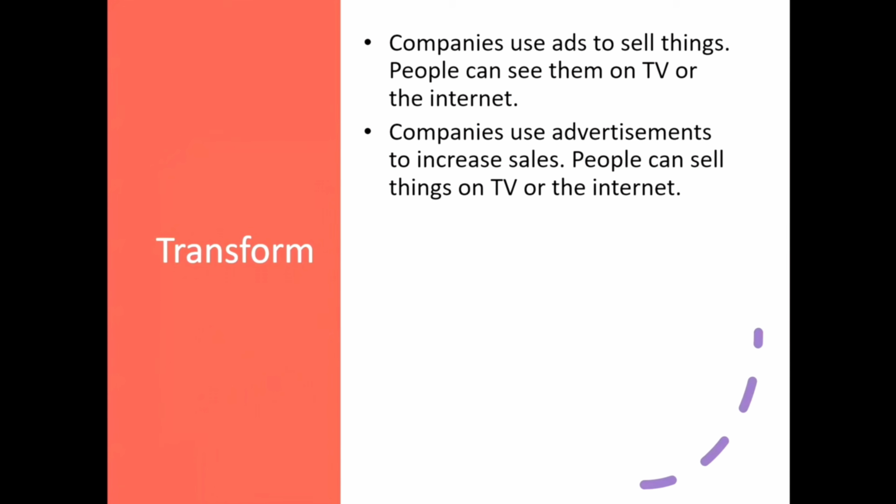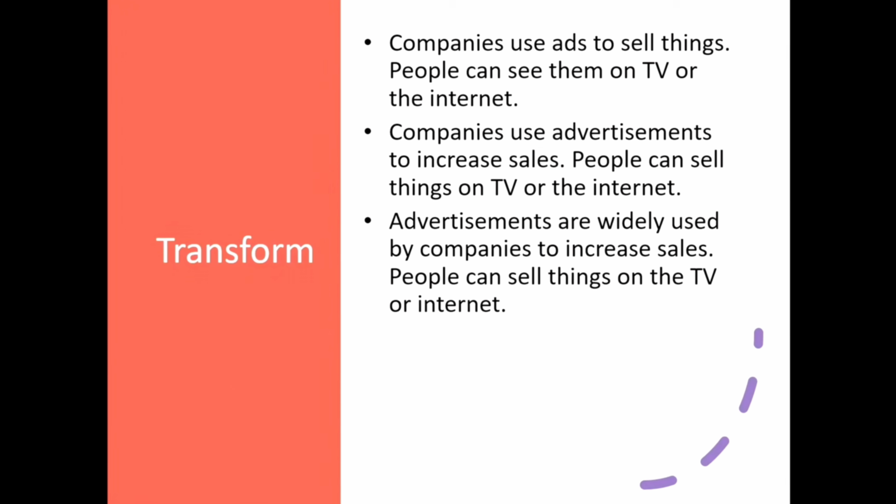People can sell things, still saying that, on TV or the internet. Okay, still got that second sentence is loaded with poor vocabulary. Anyway, let's try to change some of the vocabulary and some of the grammar. Advertisements are widely used by companies to increase sales. People can sell things on the TV or internet.